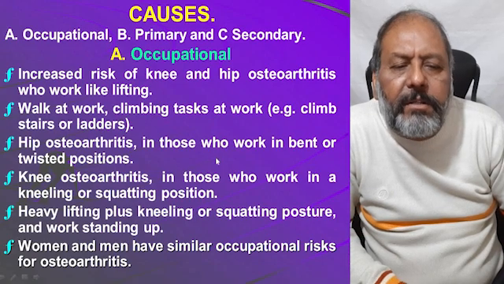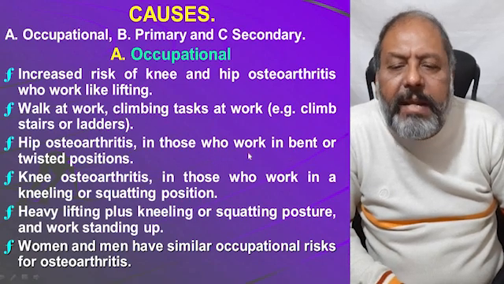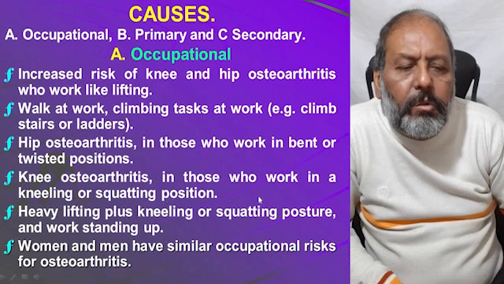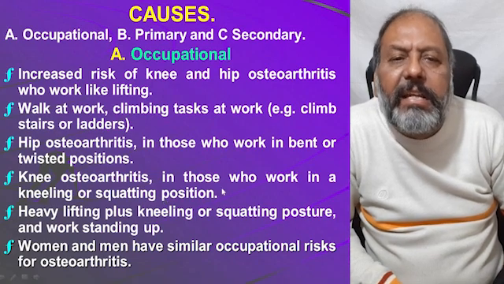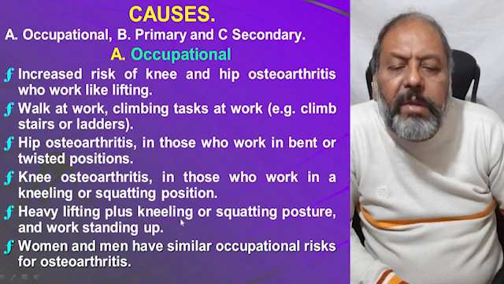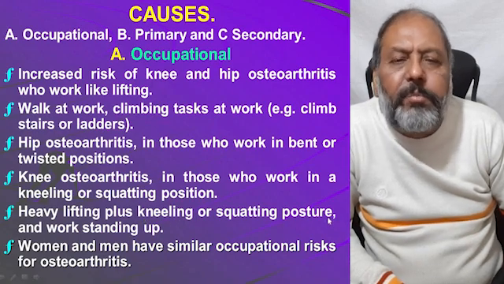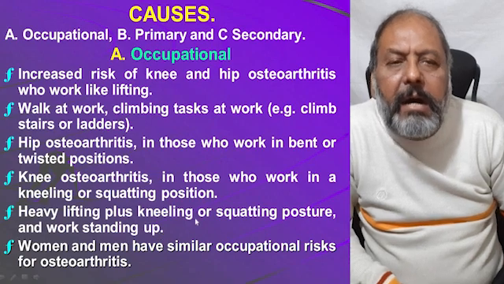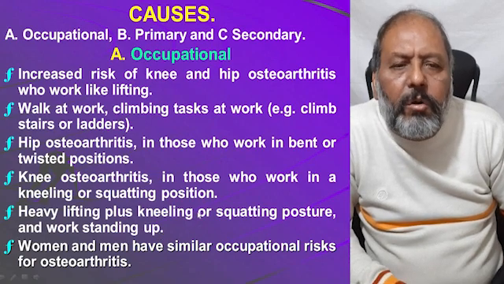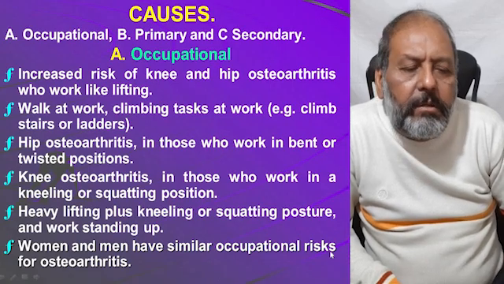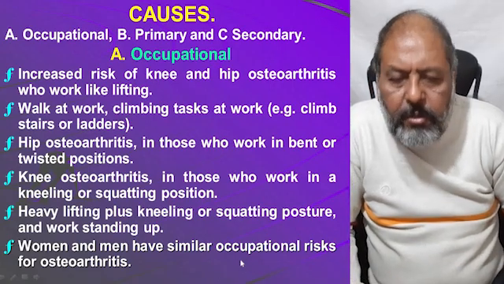Hip osteoarthritis occurs in those who work in bent or twisted positions, and knee osteoarthritis in those who work in a kneeling or squatting position. Heavy lifting plus kneeling or squatting posture and work standing up are the reasons for the occupational problem. Women and men have similar occupational risks for osteoarthritis.